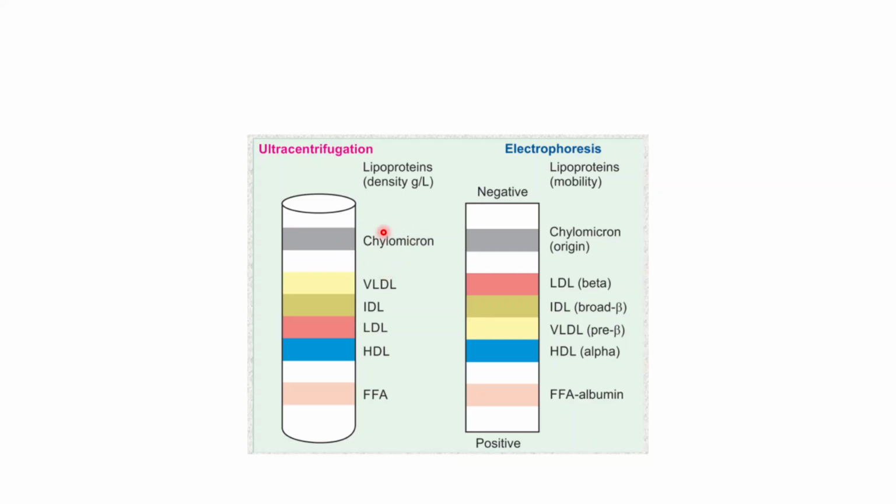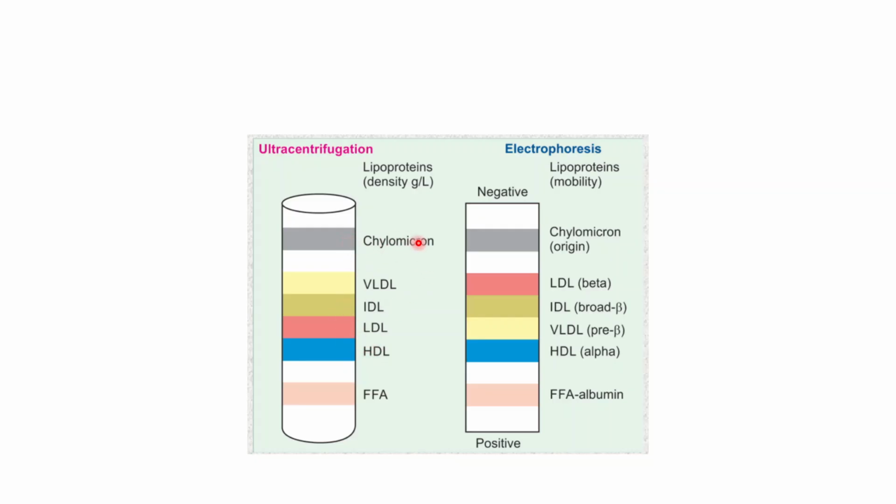The lipoproteins having high lipid content are lighter and rise higher in this ultracentrifugation. So after a few hours, we will see that 4 different layers are formed from above to downwards.